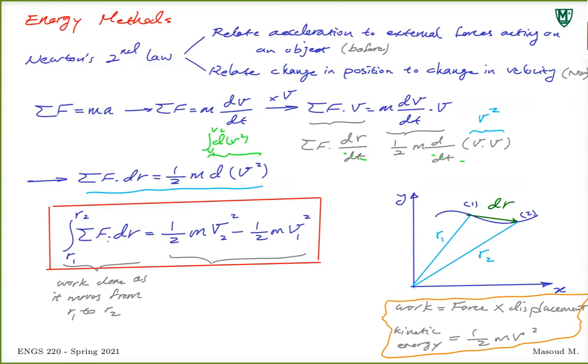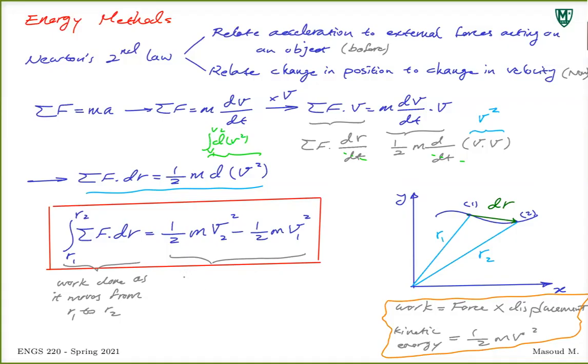In a simple form, if f is fixed, if it's constant, it comes out of the integral, and then it becomes f integral from R1 to R2 dr. So if you calculate that integral, it becomes force times displacement, or change in position. It's the same thing, just in integral form, one step back in more general form.